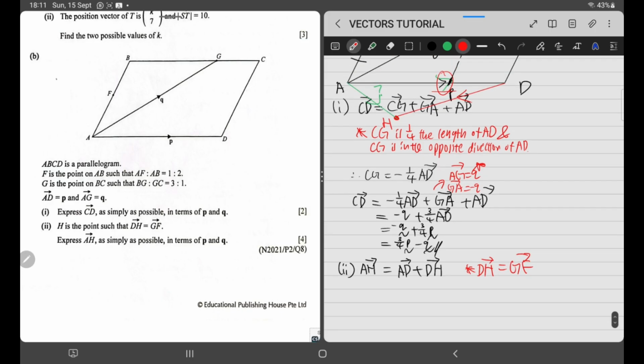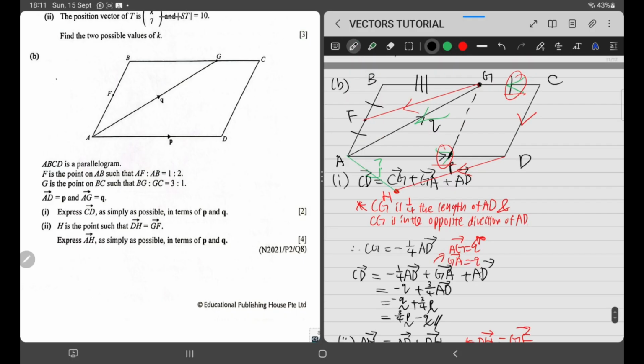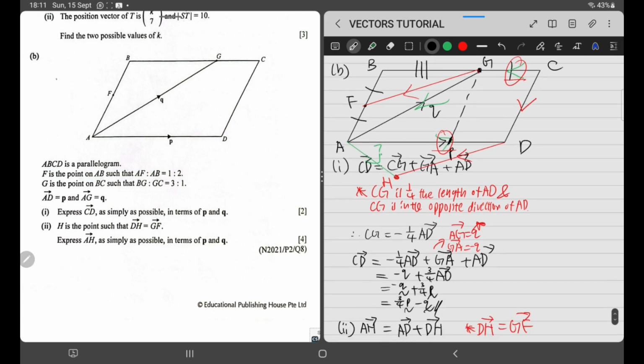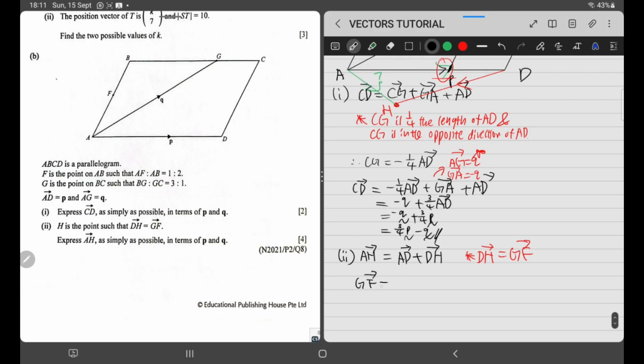So GF, if you look over here, is just walking from G to B and then B to F, right? G to B and then B to F. So you just write G to B and then B to F.